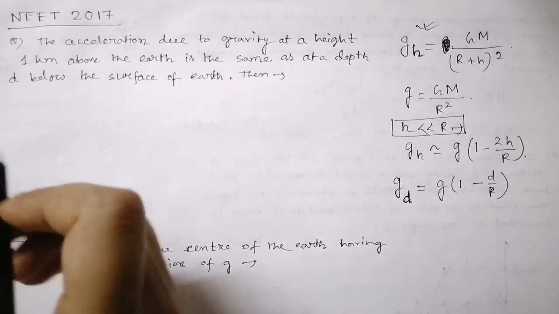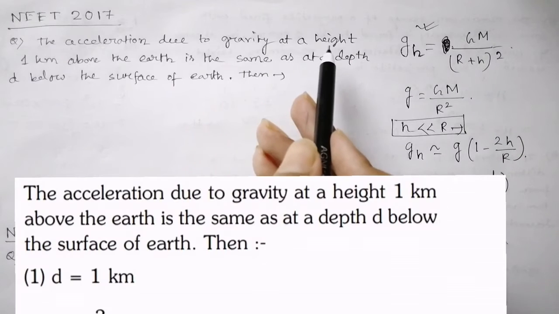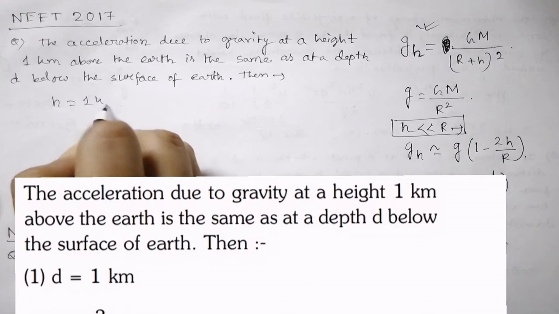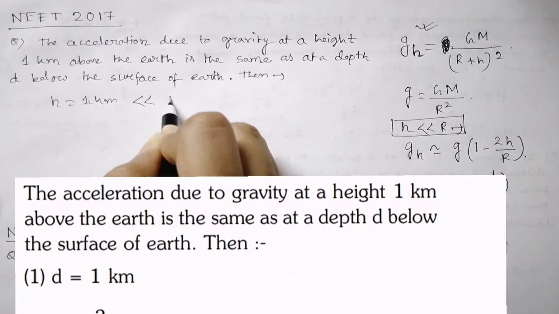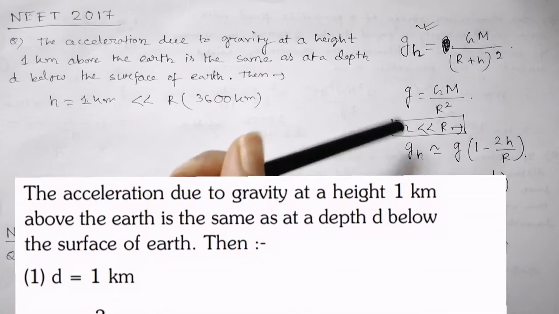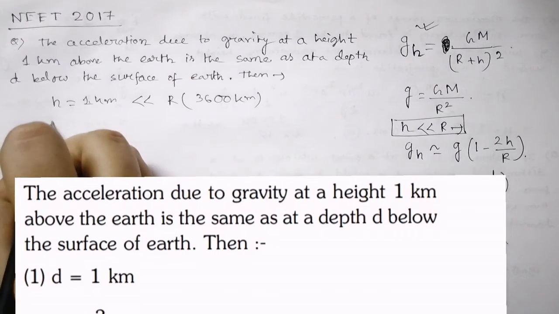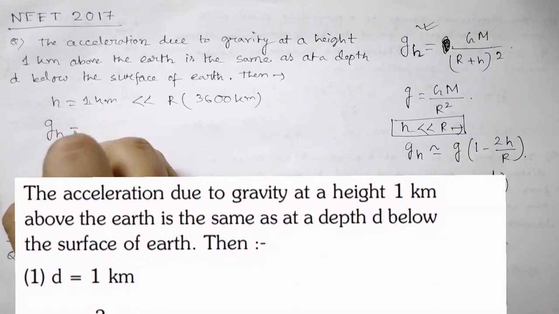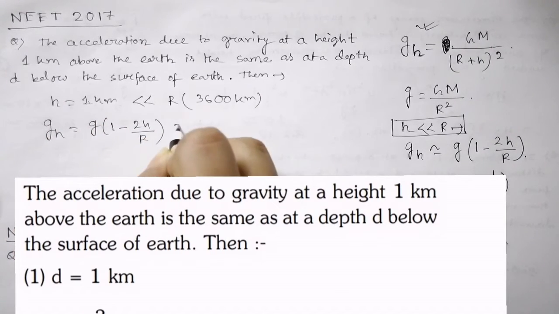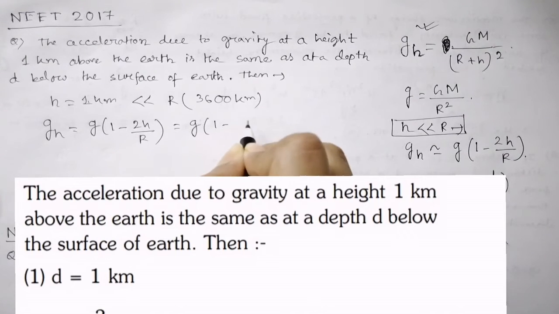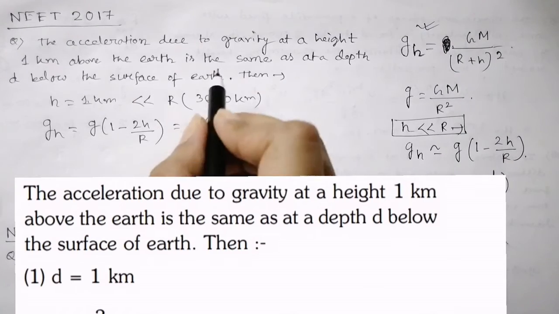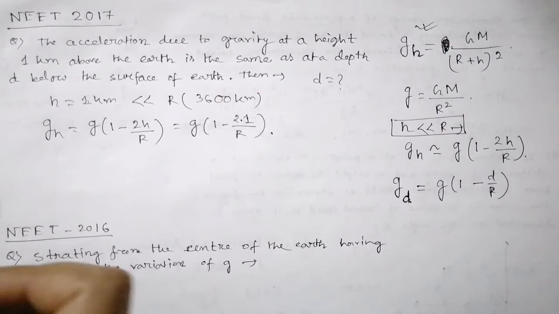Now moving to our question, the height h is 1 kilometer. So it is very less than the radius of the earth, 6400 kilometer. So I can use this formula instead of this. So g h is equal to g into 1 minus 2h by R. In place of h, I will put 1 divided by R. Now they are asking to find the depth.